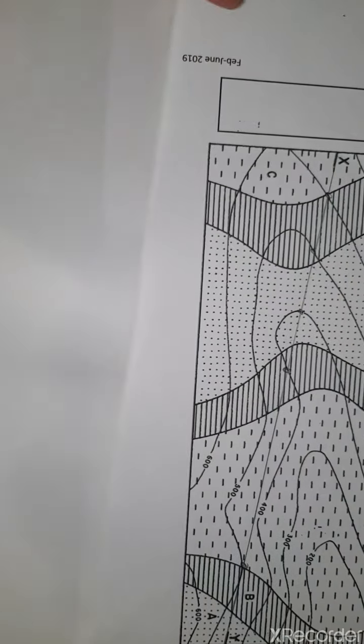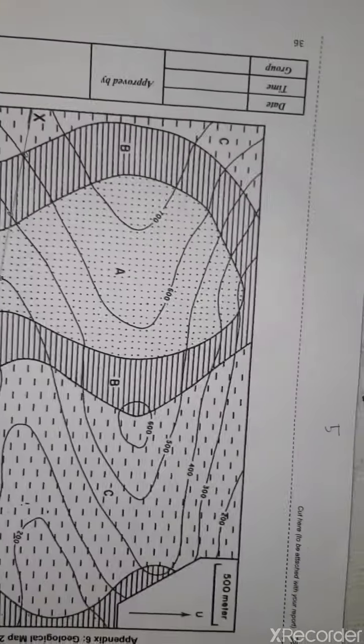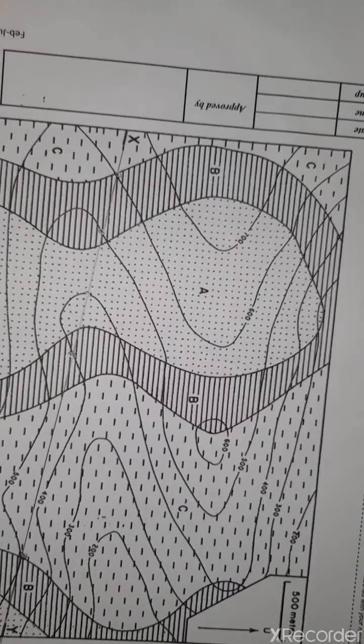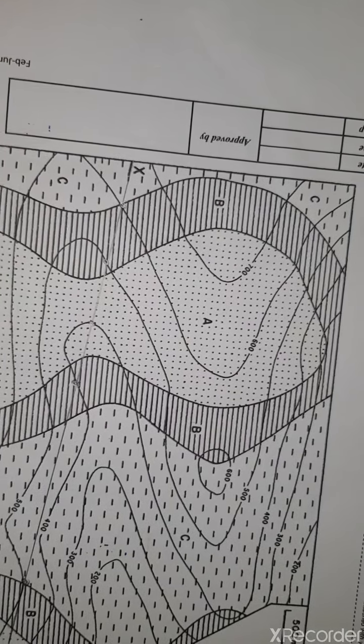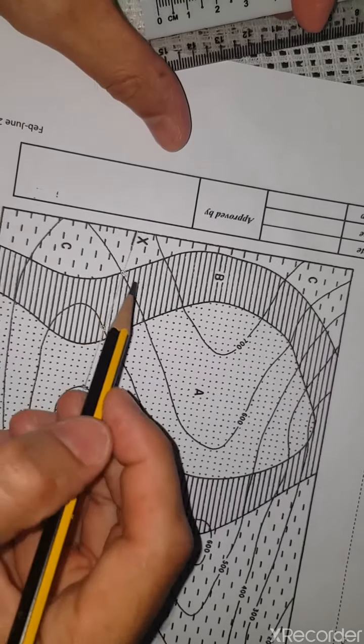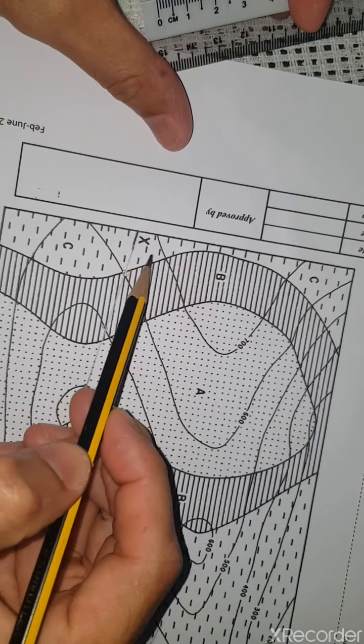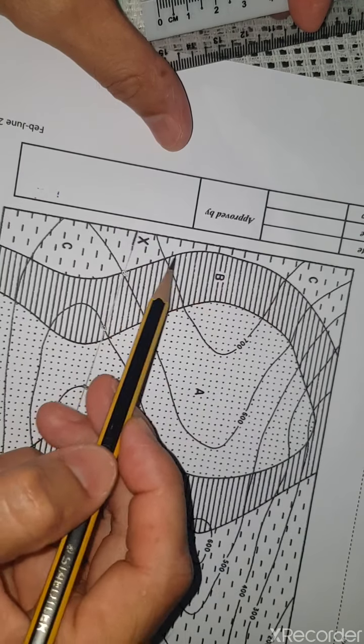The next step is you must find the intersection between the boundary lines and the contour lines.